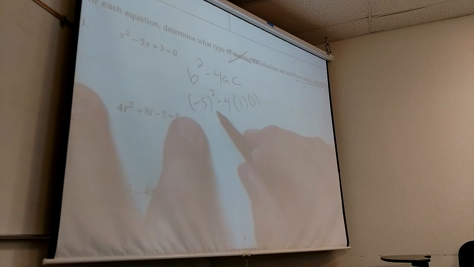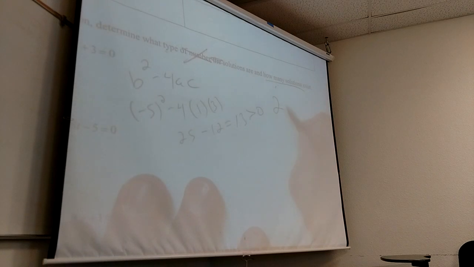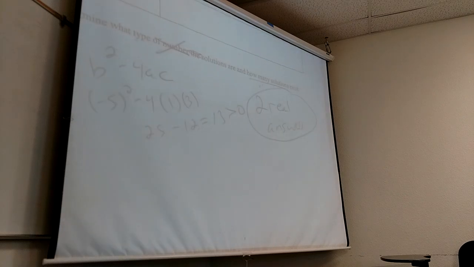Negative 5 squared is 25 minus 12, 13. That is greater than 0. It is positive. So will the answers be imaginary? No, they're going to be real. And how many answers will there be? 2, because the plus or minus piece would still be there. So there will be 2 real answers.